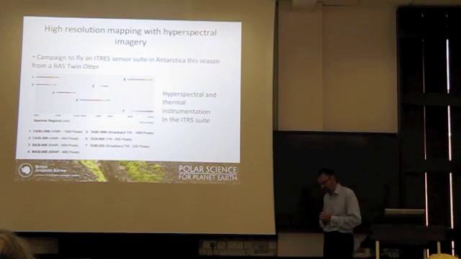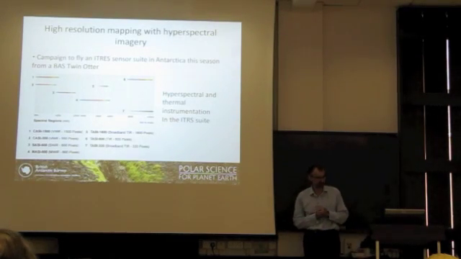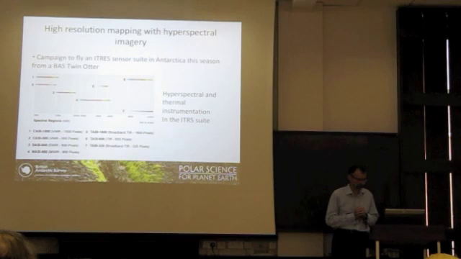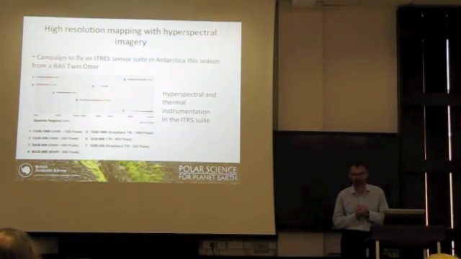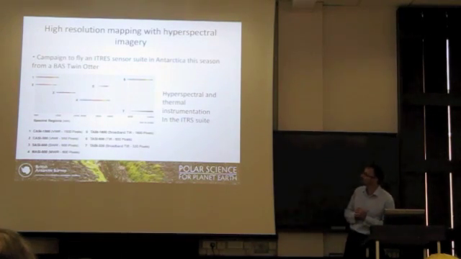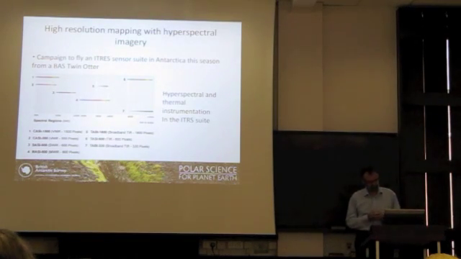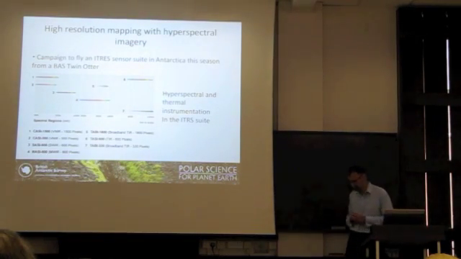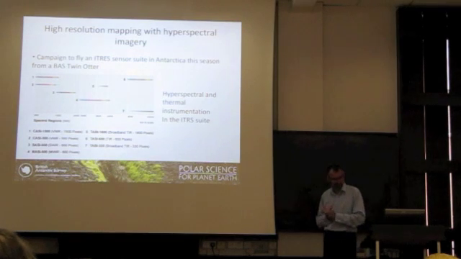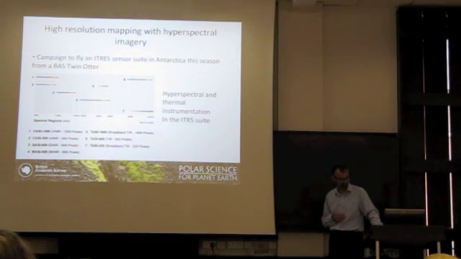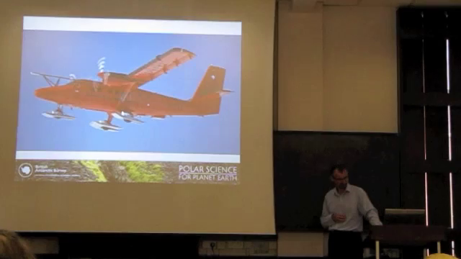The next thing we're looking at is using hyperspectral data on Antarctic vegetation. We've got a plan this year to send down an ITRES sensor suite, which has CASI instrumentation aboard and some thermal capacity, flying it over the vegetated areas at quite a low altitude.